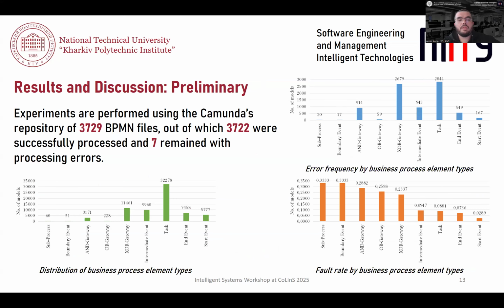The error frequency of business process element types shows that XOR gateways and tasks are the most error-prone BPMN elements.